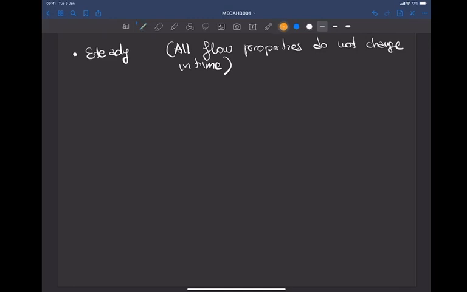Then in that case, if we had to just indicate the conservation of mass principle in words, we would say that the mass entering the control volume equals the mass leaving the control volume.